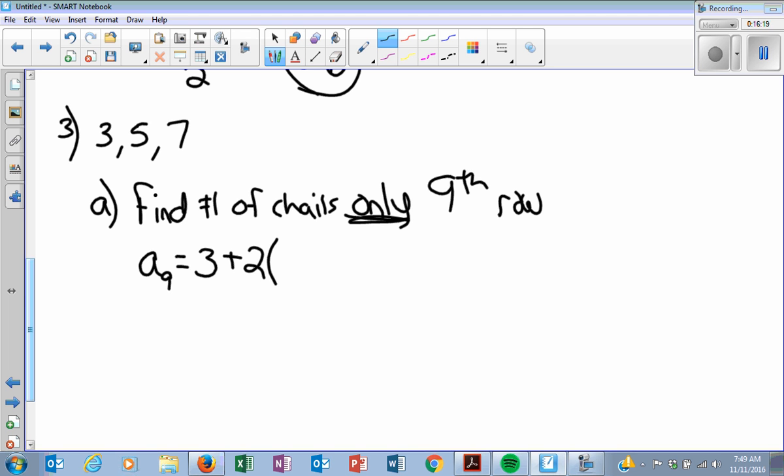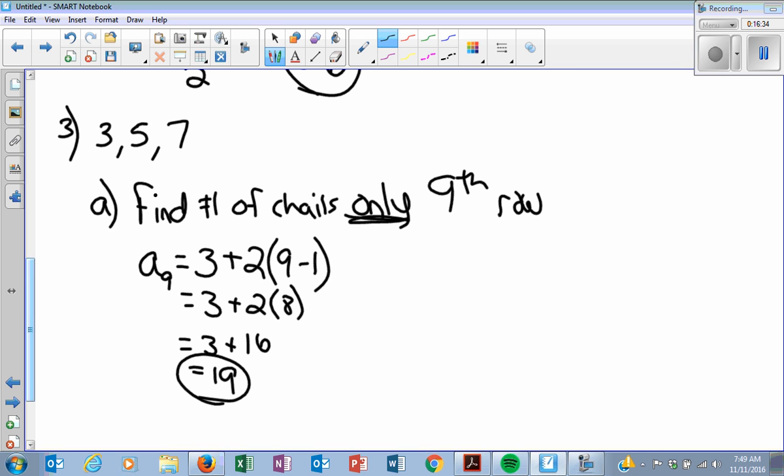What's my n? 9, minus 1, which equals 3 plus 2 times 8, which equals 3 plus 16, which equals 19 chairs are in the 9th row only.